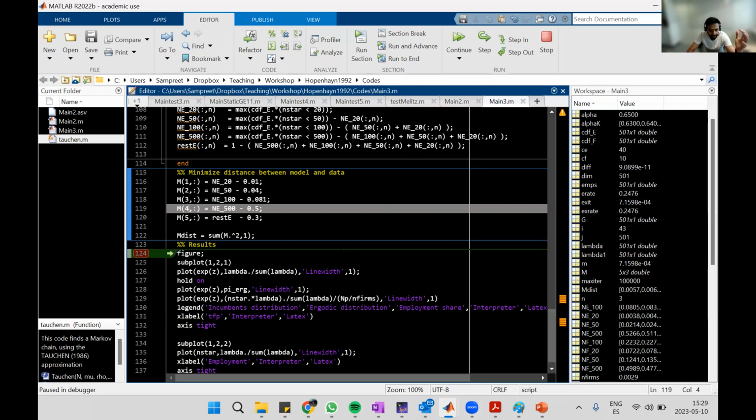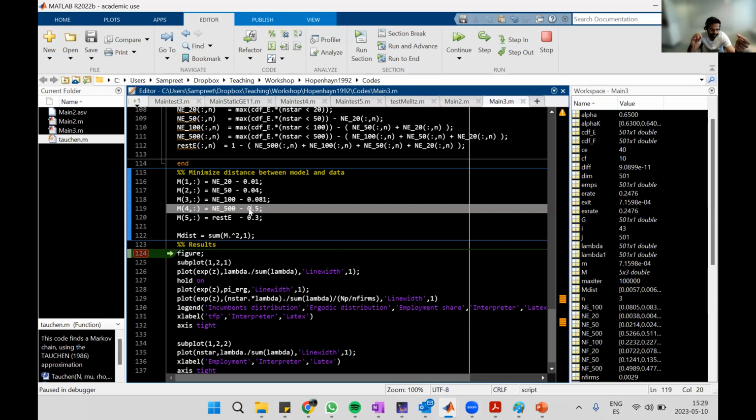You can specify any criterion, but there should be a criterion to choose parameters. Yeah, the algorithm that I have used also uses a distance criterion, but I also check the correlation itself. That's what I've done. And correlation is important because correlation tells us whether this moment is informative about this parameter.